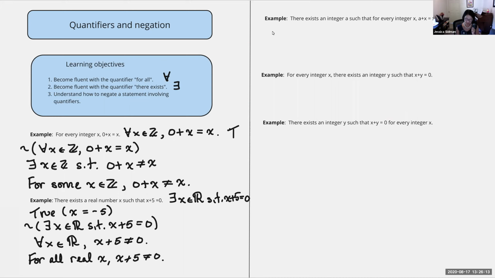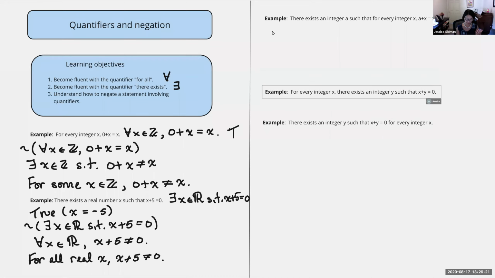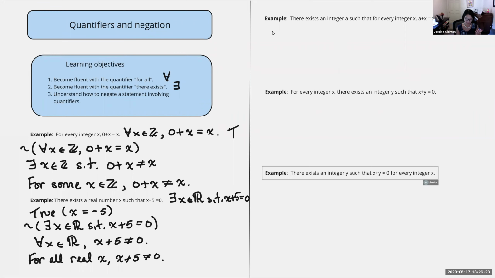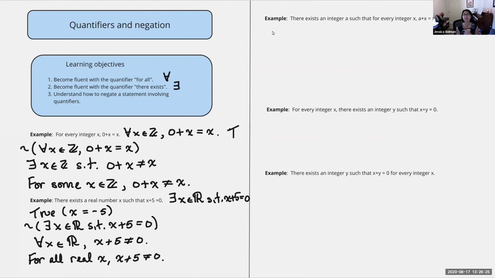Okay, so let's look at some more examples. These are a little more complicated. They have a mixture in them of the two existential quantifiers. Okay, so the first one: there exists an integer a such that for every integer x, a plus x equals x.